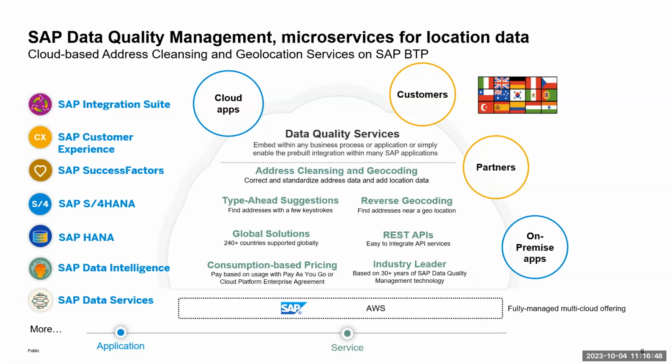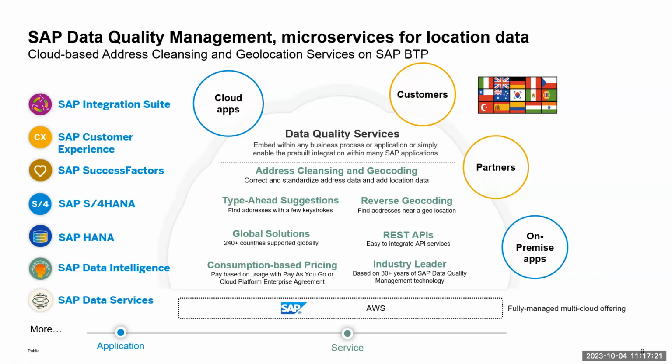In this mission, we may not cover type-ahead suggestions and reverse geocoding, but the service supports them, so I'll mention them here. With type-ahead suggestions, you'll see suggestions based on the address typing by keystroke. After a few keystrokes, you'll see the suggested address and select from the list to make data entry faster.